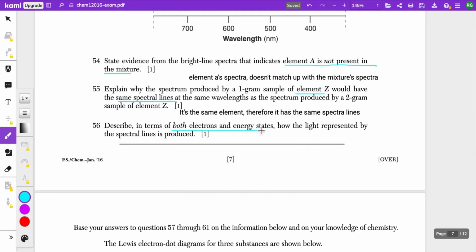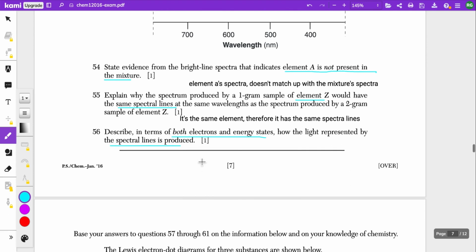In terms of electron energy states, explain how light in the spectral lines is produced. Imagine an electron moving up an energy level, so it moves further away from the nucleus of the atom. When an electron gains energy, it moves up to a higher energy level, and when it goes back down to a lower energy level, it releases that energy as light.